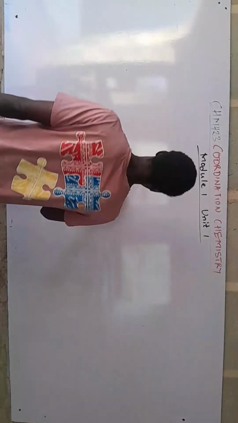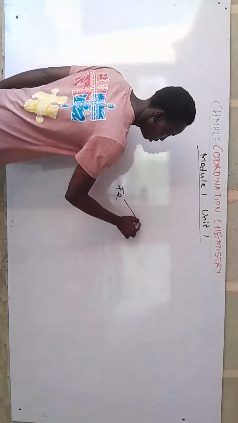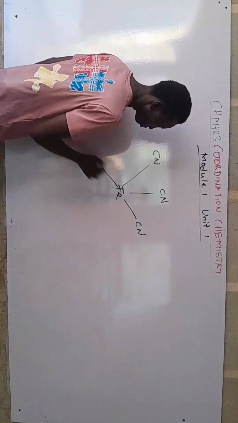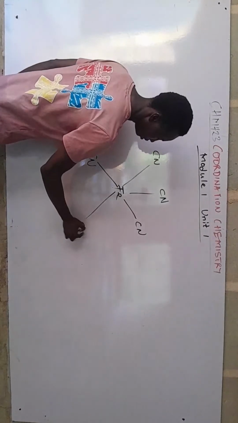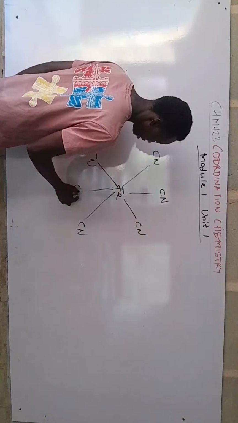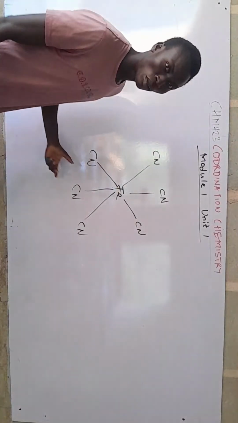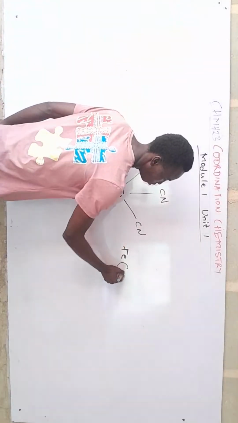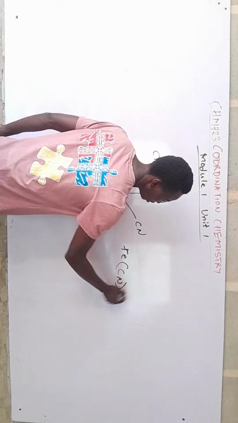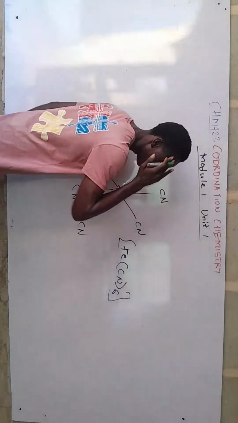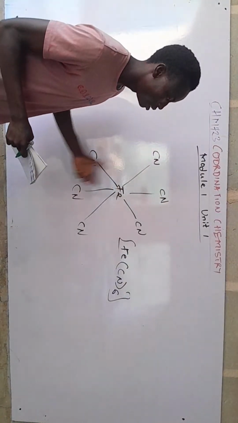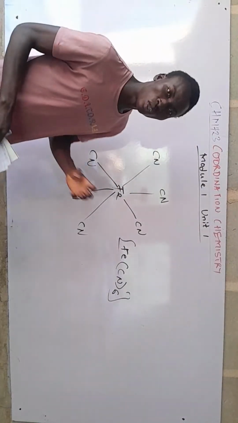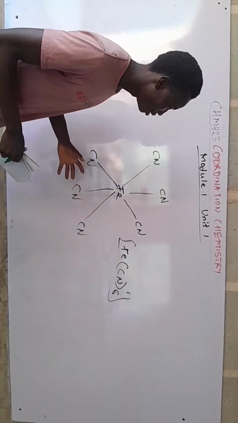Take for example Fe(CN)6. This compound we are seeing on the board is Fe in brackets, CN, close bracket, 6. The compound you're seeing here is a complex ion, which is a coordinate covalent compound.